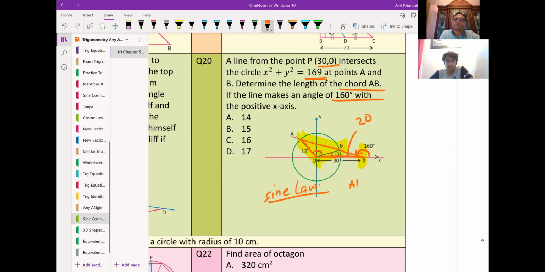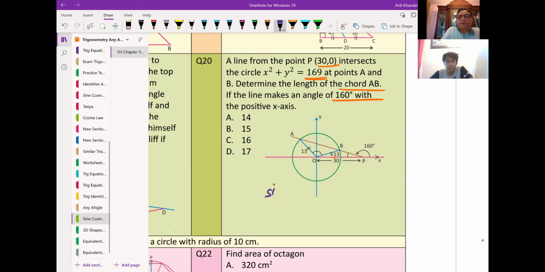So you can find angle A first and then solve it. Is that clear to you? Yes, sir. So that will be your exercise.